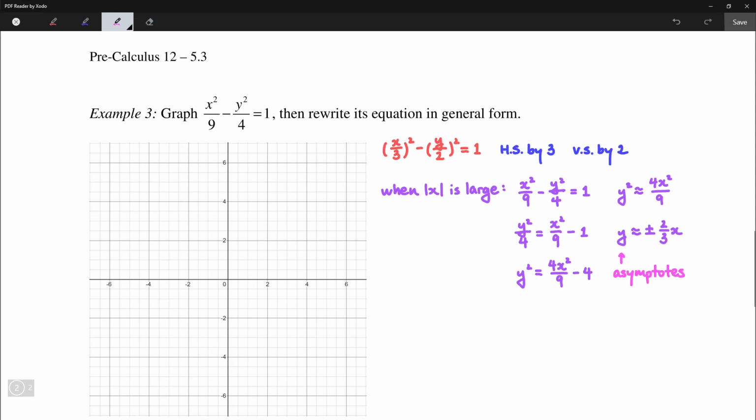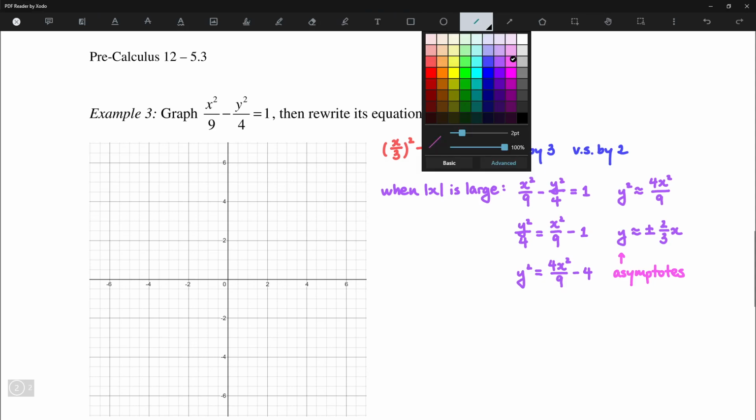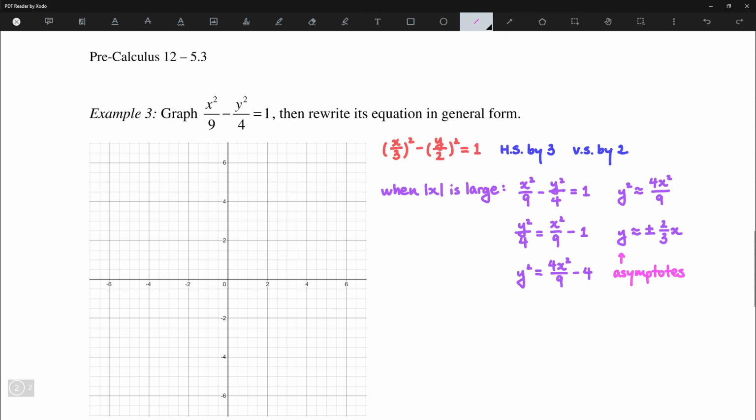Okay, so let's draw in these two asymptotes. Over 3, something like this.